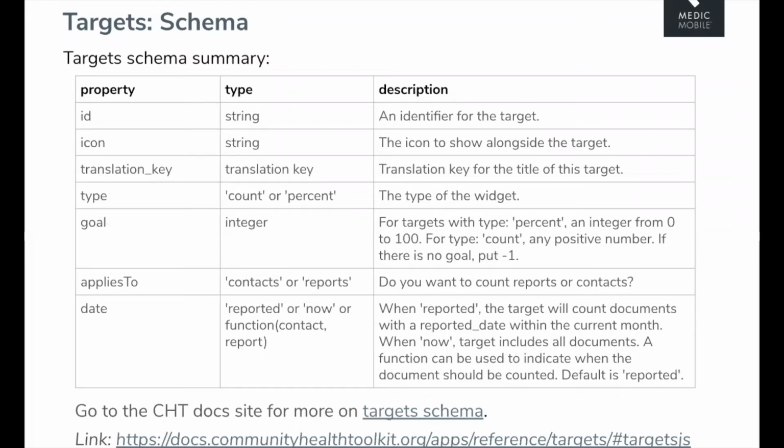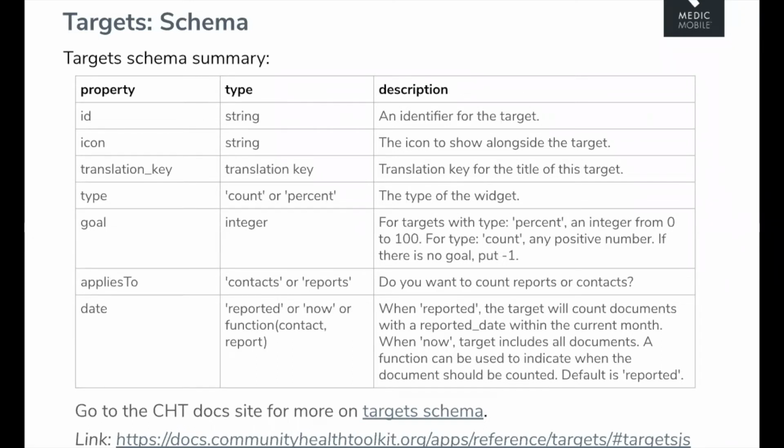So the first thing you'd be setting is whether you want to count up for contacts or for reports. And then you could have other properties that then check for certain conditions. Otherwise, if you just want to count up reports or count up contacts without any conditions, you just use applies to and then specify the type of contact or report you want to count up.